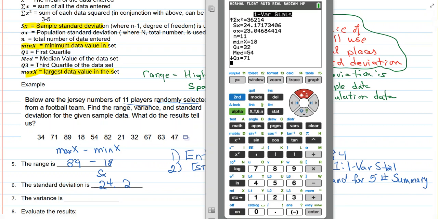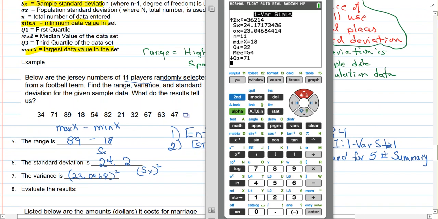And then we want the variance, which is the Sx squared. And we're going to do 4 decimals. So on this one, we're doing 23.0468.